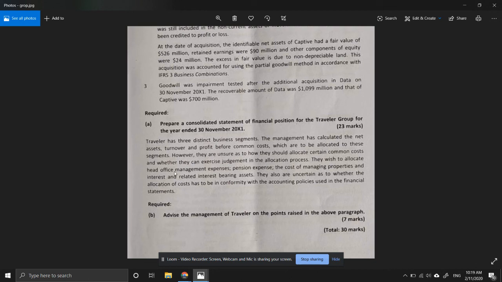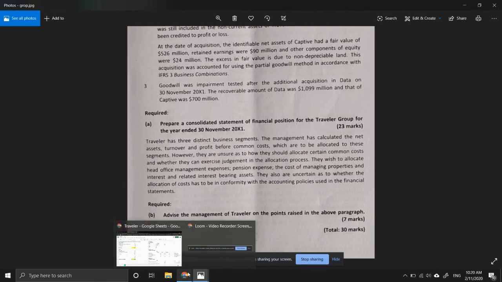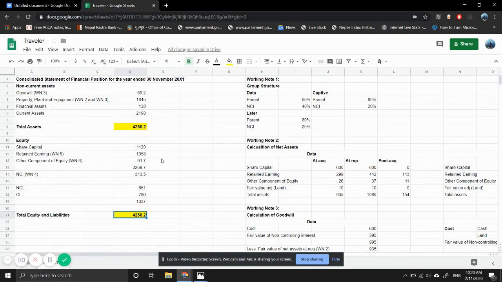They wish to allocate head office expenses, pension expenses, and the cost of managing properties and related interest. Okay, so they want to do that. So they're asking whether they can use their judgment or not, right? So what we will do is let's do it in the next part. I don't want to make this video so long.